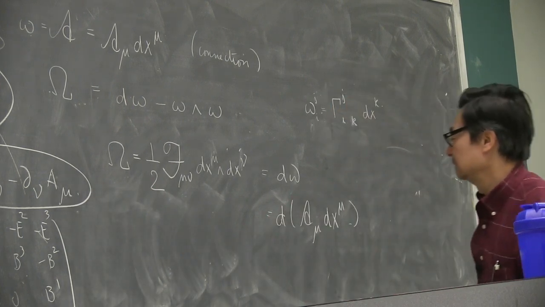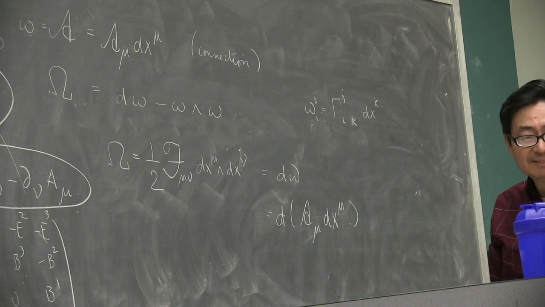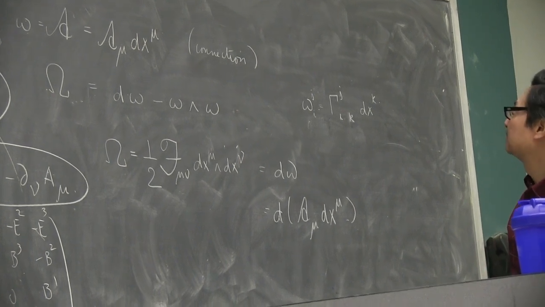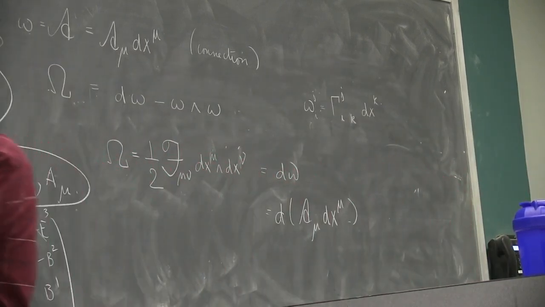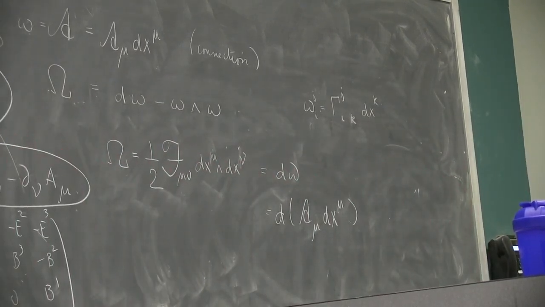Okay? Do you see how? Let me remind you how to do an exterior derivative, right? Let me go back to here. Let's forget about the Schrödinger equation for the time being.